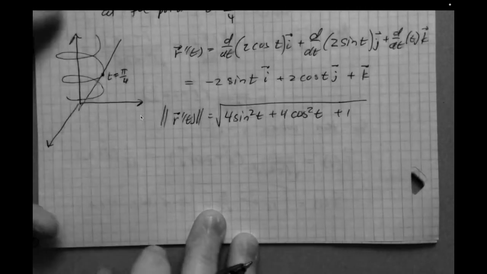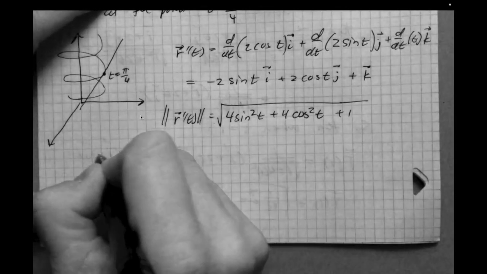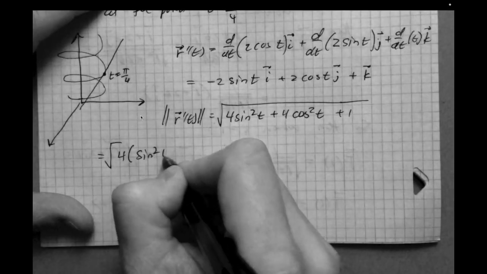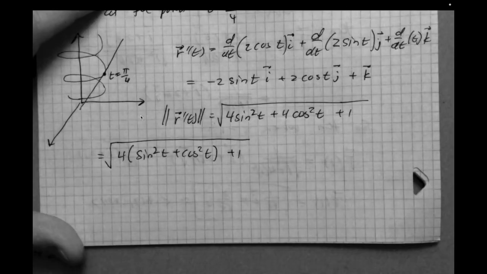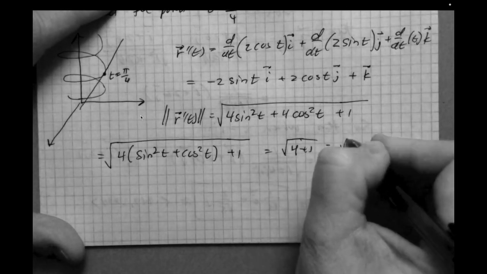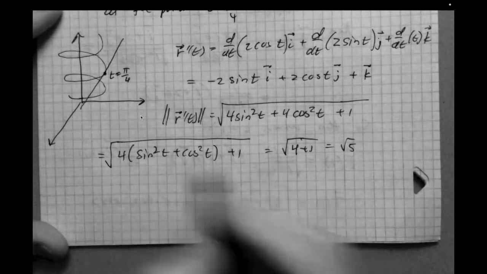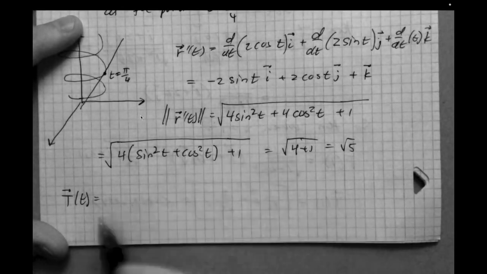This is nice because this is equal to 4 times sine squared t plus cos squared t, plus 1. And that, of course, is 1, so this is the square root of 4 plus 1, which is the square root of 5. And so then we can get to the unit tangent vector by dividing the derivative by its norm.